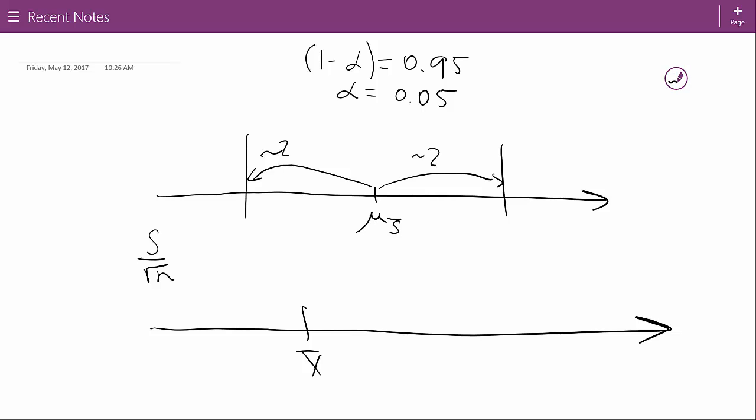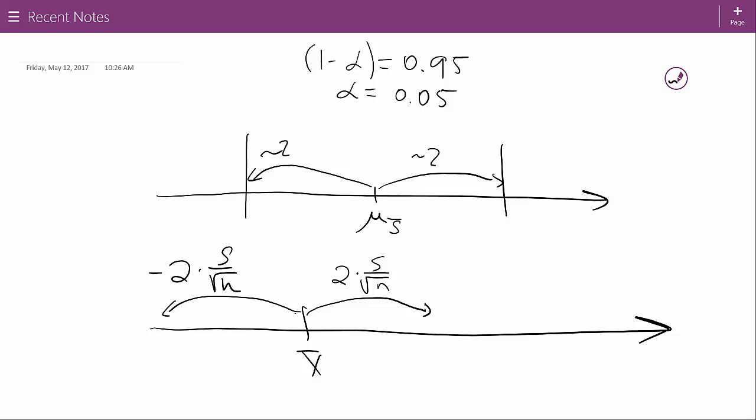If I go from x bar 2 standard deviations away, 2 times s over square root of n, and the same thing happens on the left side, minus 2 times s over square root of n.